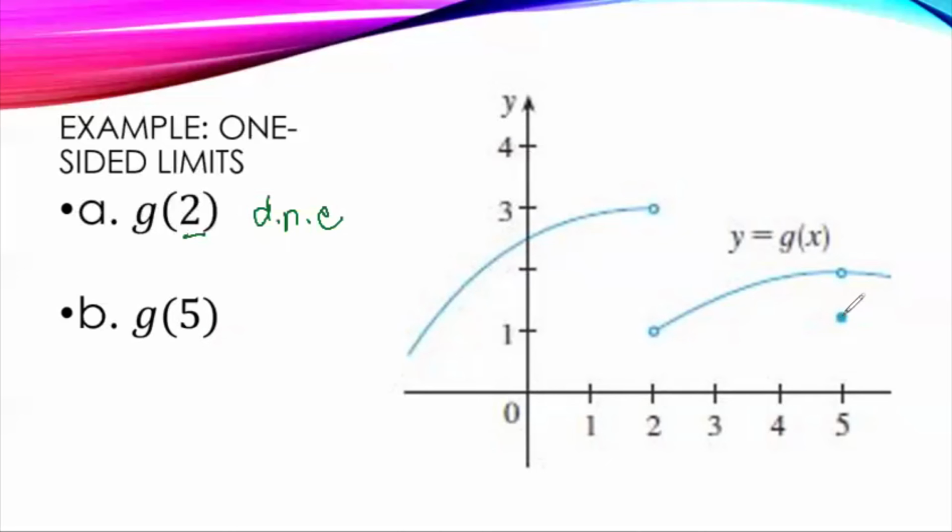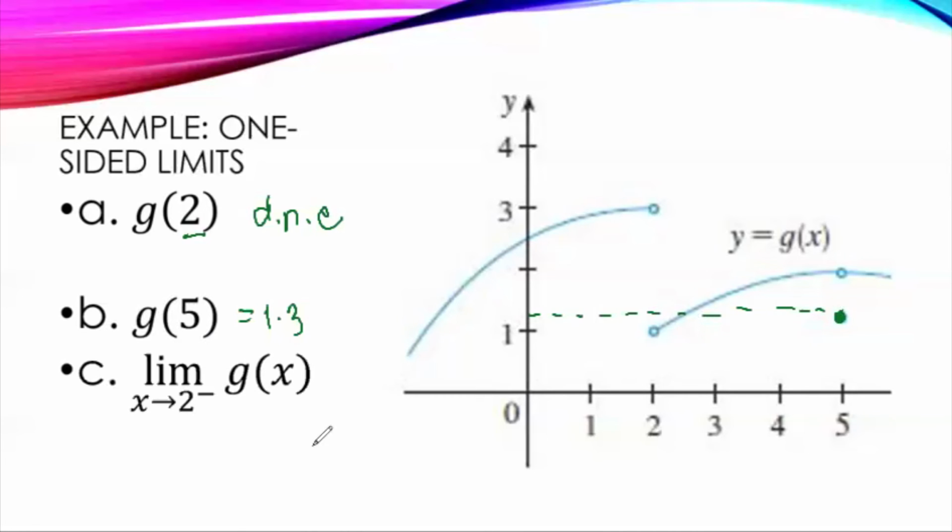I think this one. This is the point. What do you think is the y value? So we will just estimate the y value here. I think, let's say we can have 1.3, for example.